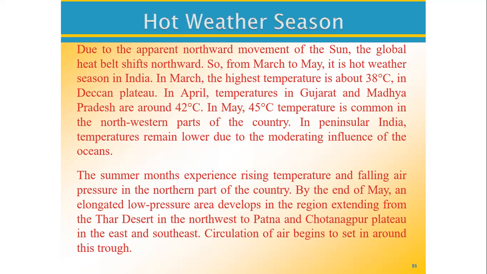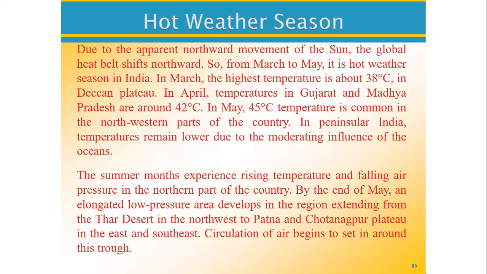The summer months experience rising temperatures and falling air pressure in the northern part of the country. By the end of May, an elongated low pressure area develops in the region, extending from the Thar Desert in the northwest to Patna and the Chotanagpur Plateau in the east and southeast.